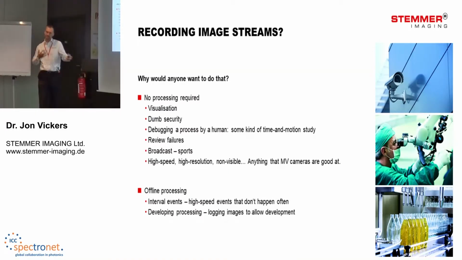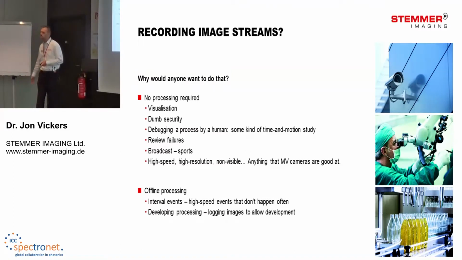So you're recording the data for later processing. Another one, this is one that we do quite a lot, saving data so that you can develop your processing. So before you start planning your image processing, you create a load of data. It's your training data, your test and training set.